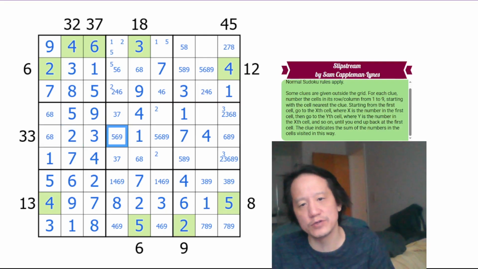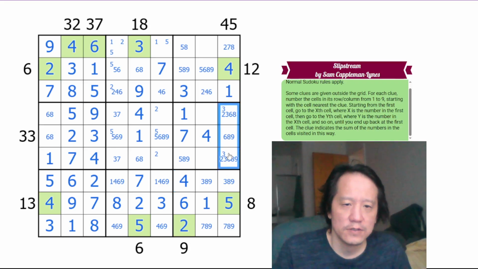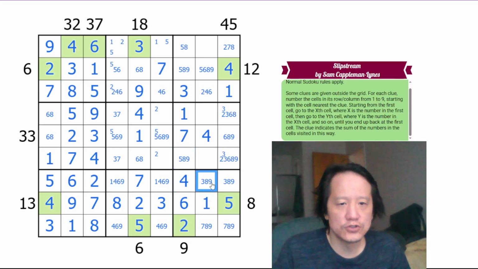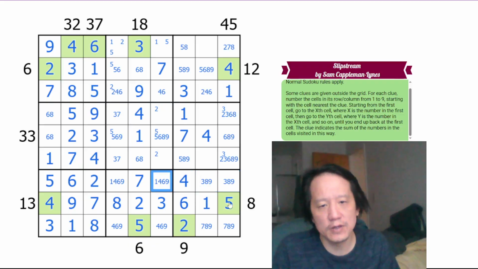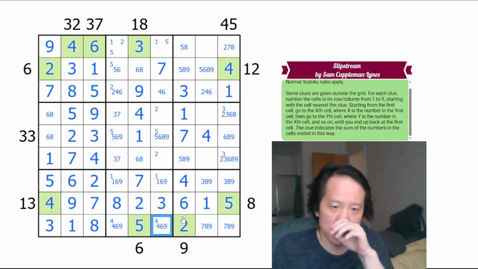We're not sure which. 4 cannot be here. So 1 has to be one of these two. 4 has to be one of those two.